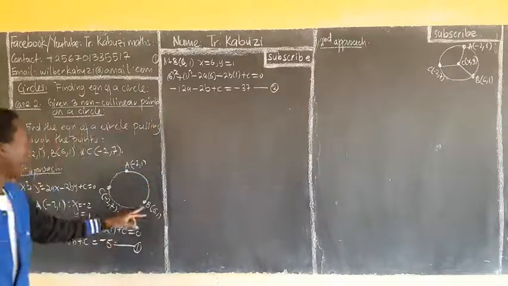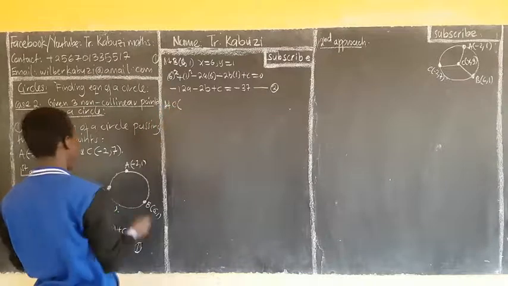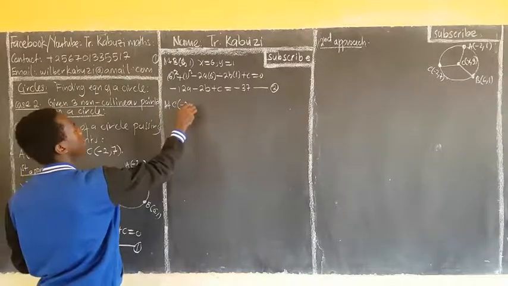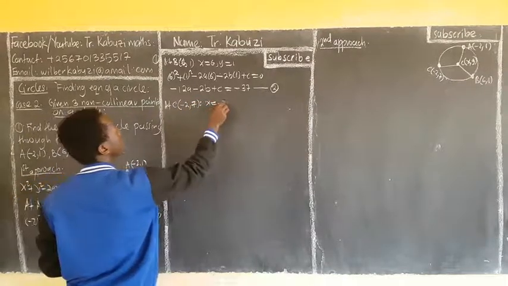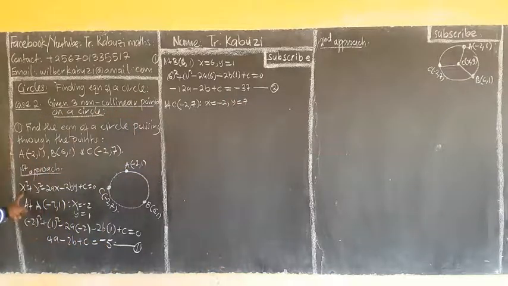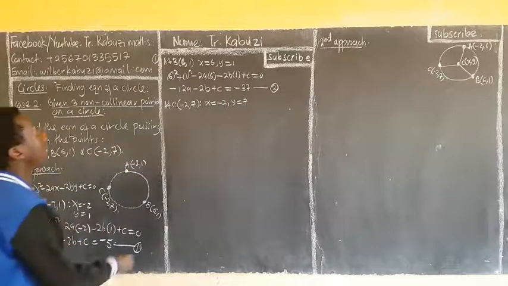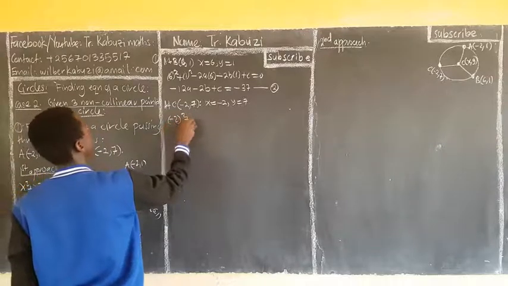Then I come to the point C. At C, negative 2, 7. The x coordinate is negative 2, and the y coordinate is 7. Now still I'm substituting where there is x, y. So I'll be having negative 2 squared.